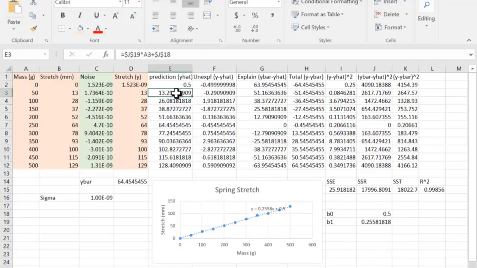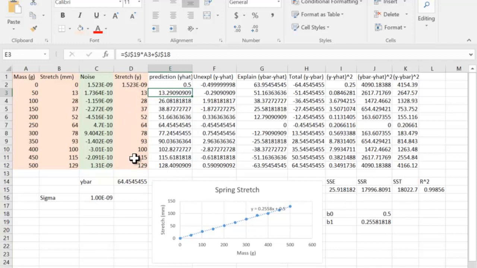So you can see here that column E is generating predicted stretches. It's taking J19, which is the B1, that's the 0.02558 number, multiplying it by A3, which is a mass or X value, and then adding J18, which is the B0 or constant term. So these values are attempting to predict the stretch values, the actual y's.